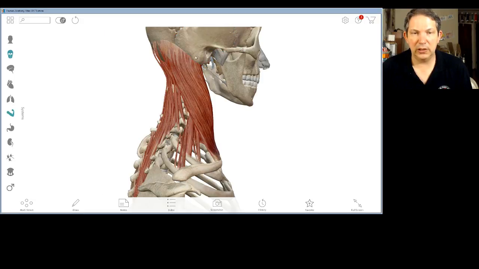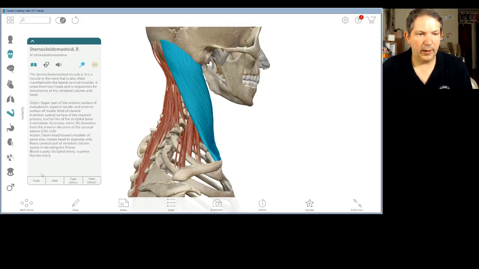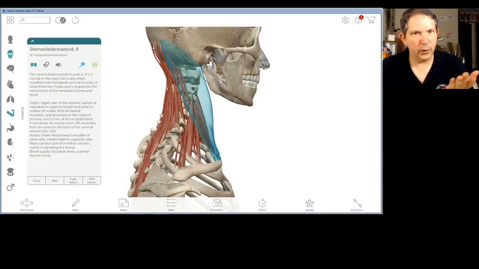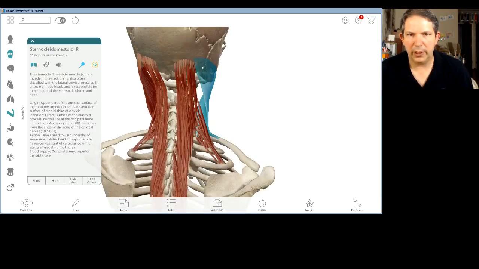The insertion, mastoid process. Now it's not just the mastoid process. You can see that the insertion goes onto the nuchal line, which when we were looking at muscles of extending the neck, I was pointing to the nuchal line. I didn't say nuchal line, and now yes, nuchal line.